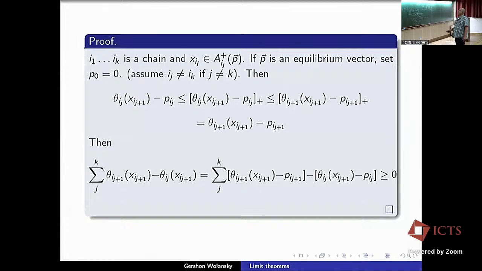Then if we sum over all the cycle, we get this sum, which is bigger or equal to 0 because we have this inequality. We just added and subtracted the prices P_ij from the sum and get a non-negative because of this inequality.